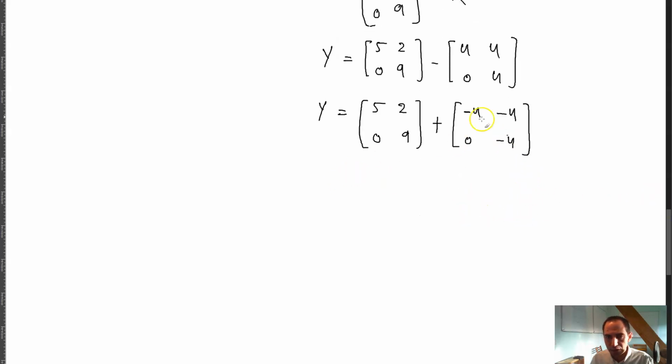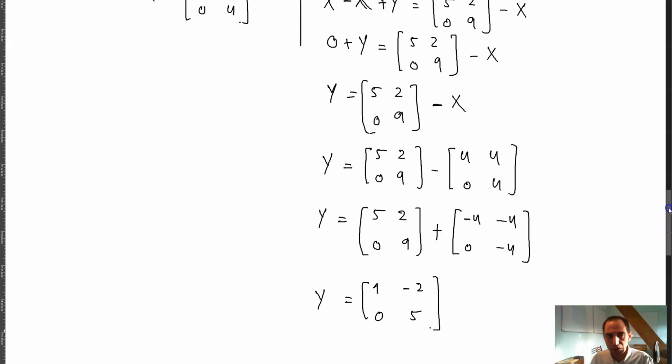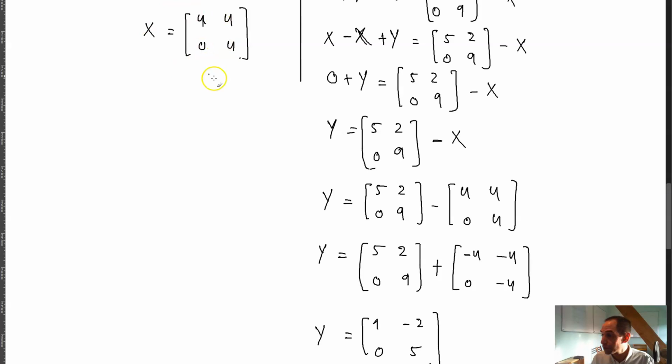And then I can simply add: 5 plus -4 is equal to 1, 2 plus -4 is -2, 0, and 5. And therefore y is equal to this matrix, and x is equal to this matrix. So x is equal to 4404, and y is equal to 1, -2, 0, and 5. Okay.